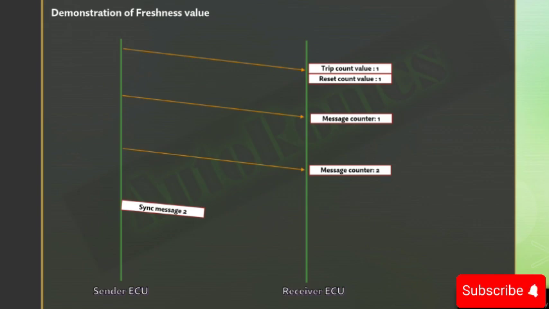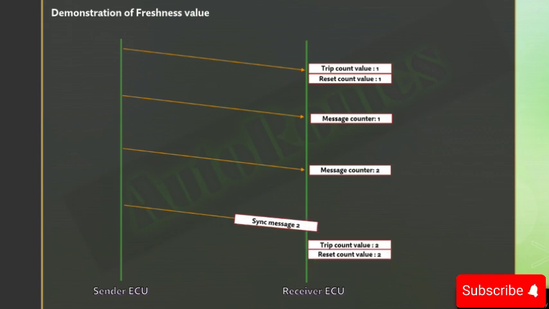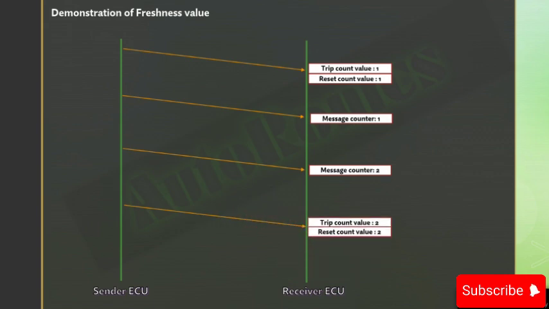And now again, to make sure that the sender is synchronized with the receiver, the sender ECU sends another sync message with trip counter value as 2 and the reset count value as 2. And this is being stored in the receiver ECU. But let's assume the receiver ECU is already with the trip count value 2 and reset count value 2. This time, the sender is sending the trip count value as 3 and reset count value as 3.